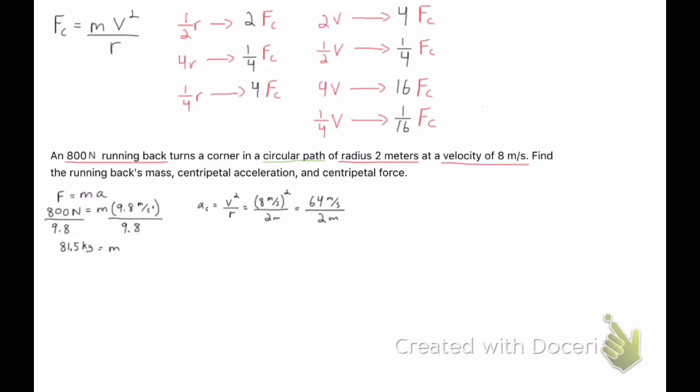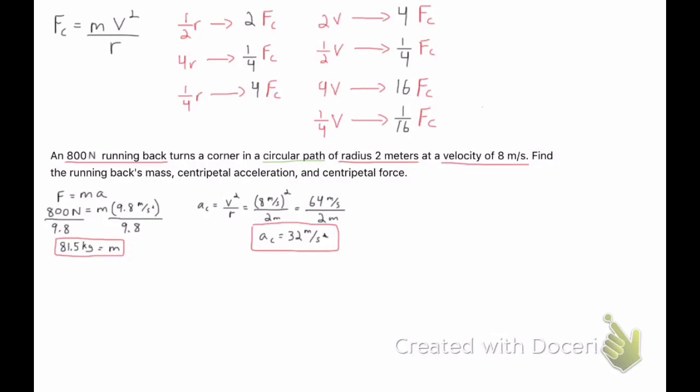So our centripetal acceleration must be 32 meters per second squared. Make sure that 2 is good there. And I could box in this answer. And I'll also box in the answer of the running back's mass.